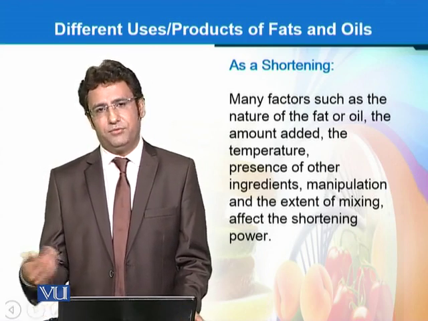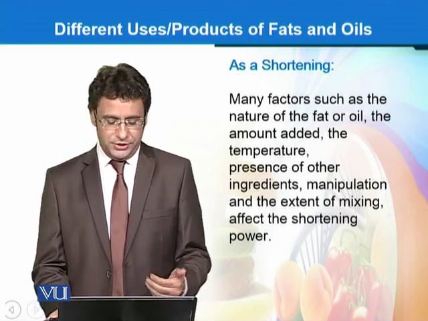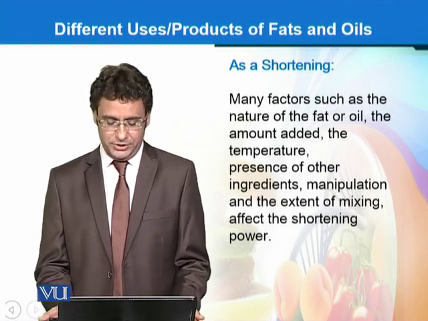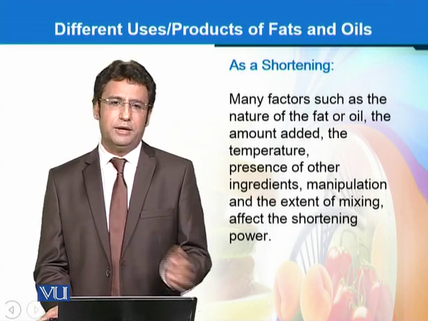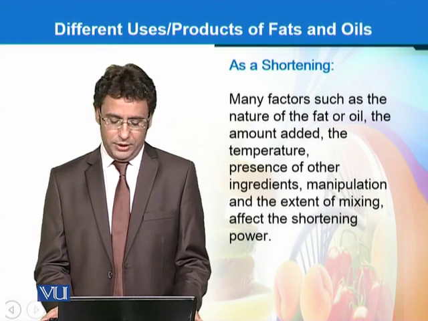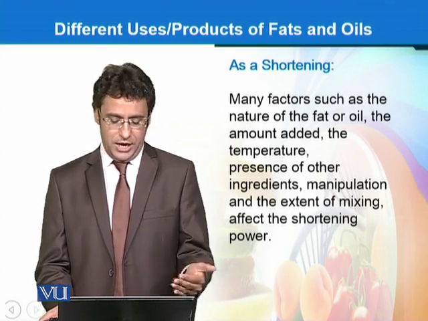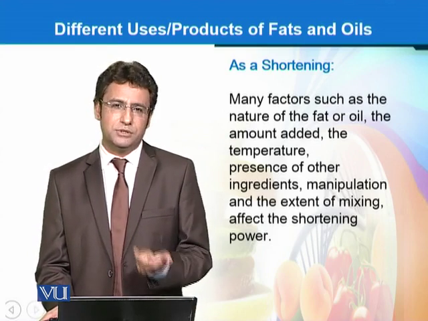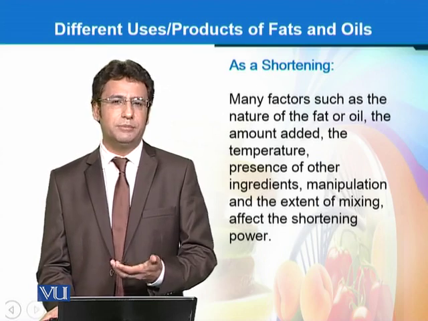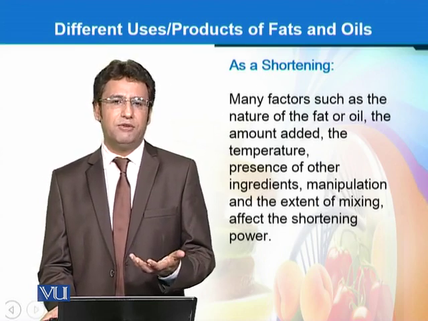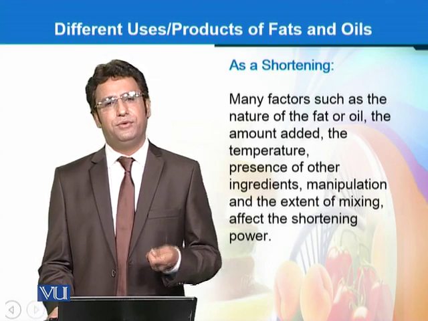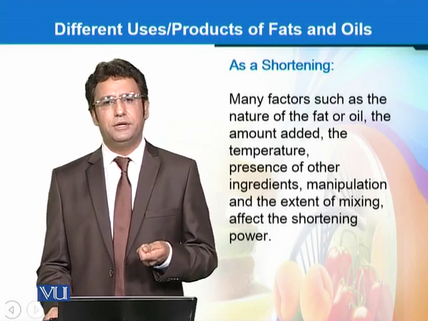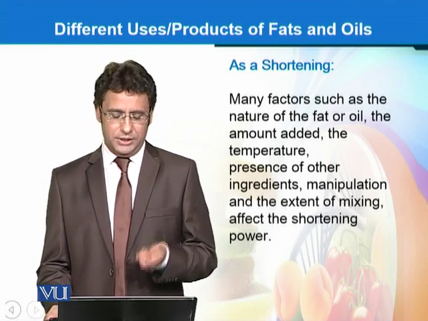There could be different attributes of shortening that have to be considered when we produce or buy any shortening. They could be the amount of shortening that you add to the final product, and the temperature that you are going to use. Normally bakery temperatures are quite high, so we have to look for the kind of fats and oil that have higher stability to be used in bakery items.